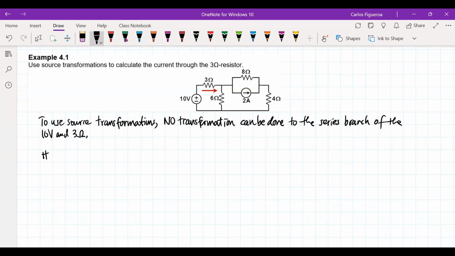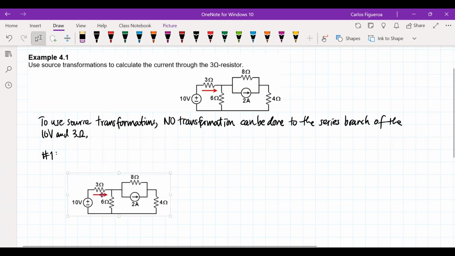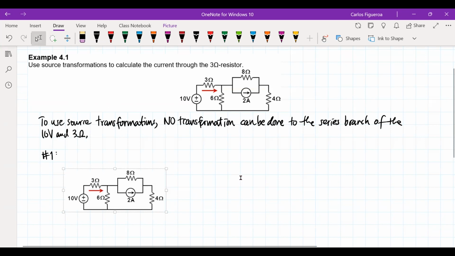So let's start with the first transformation. When you look at the circuit, here's what it looks like. I'm going to focus on this branch right here.